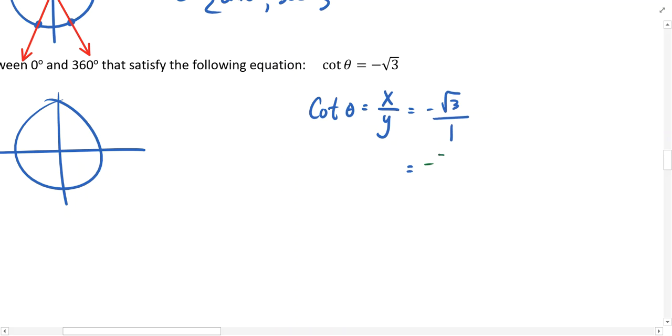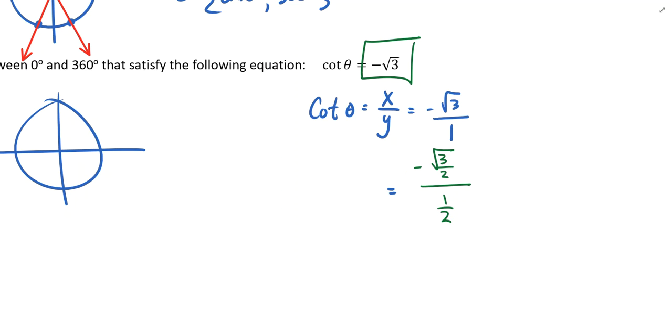What we do see as coordinates in our unit circle would be radical 3 over 2 and 1 over 2. These two coordinates occur simultaneously, and the fraction radical 3 over 2 over 1 over 2 would reduce back to negative square root of 3. Try to make that negative sign stand out.